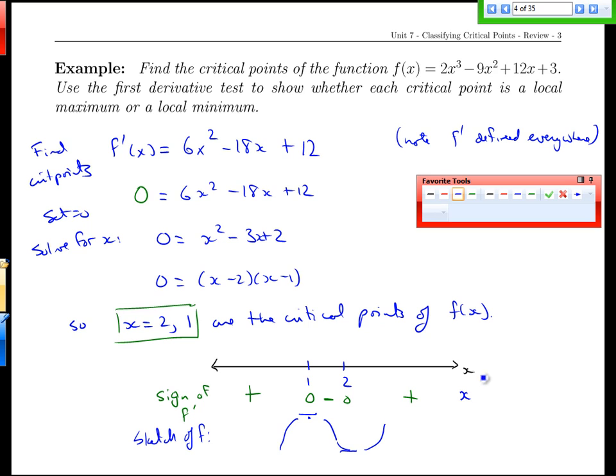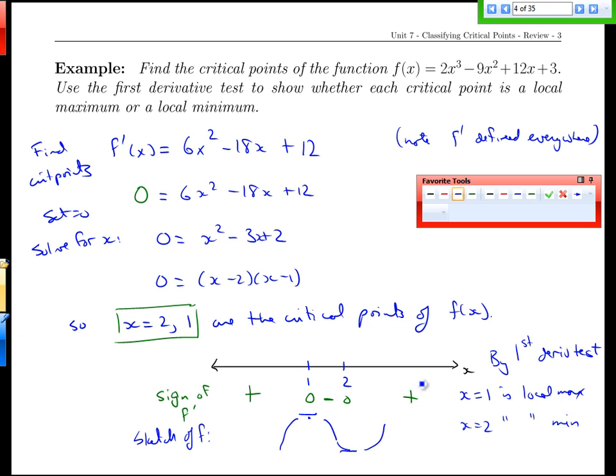And so we would conclude by the first derivative test that our point at x equals 1 is a local maximum. The function's going up and up and up, and then reaching that point. And the point x equals 2 is a local minimum for the function.